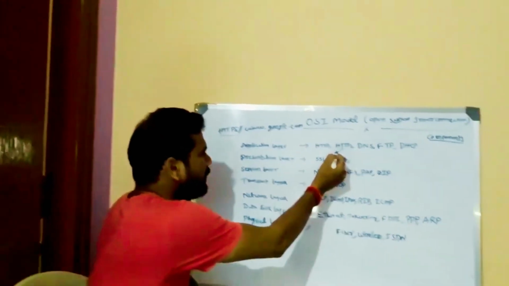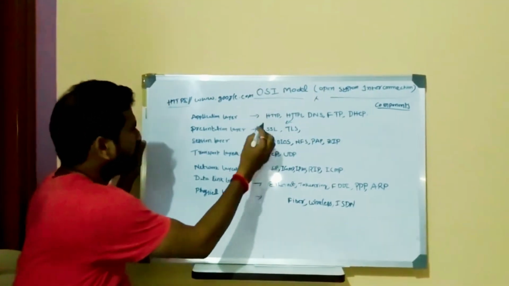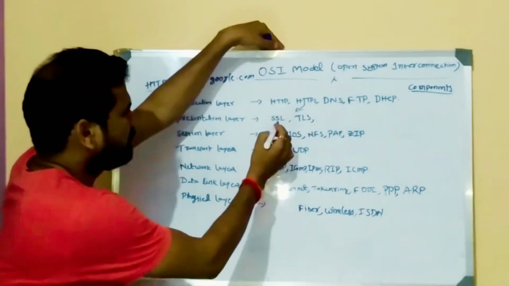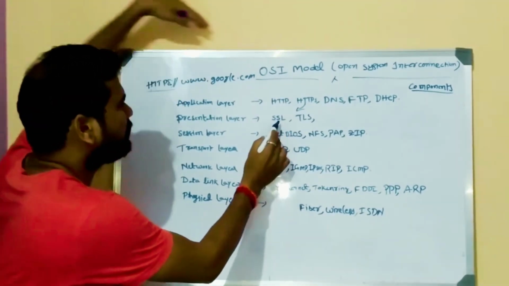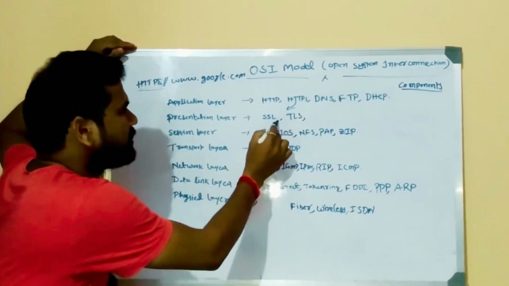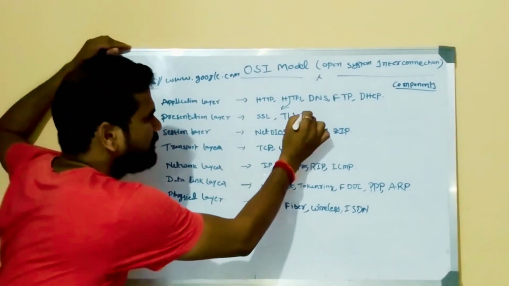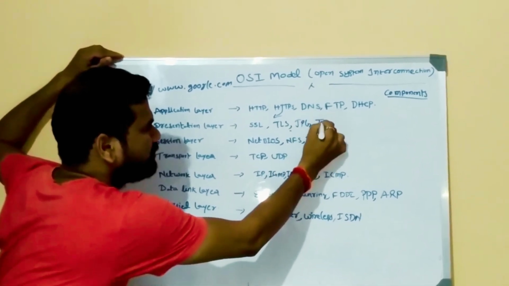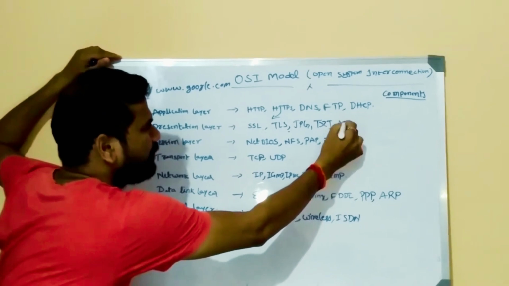Next, the presentation layer. In the presentation layer, these are the protocols we are using: SSL and TLS, JPG format, text (TXT), and videos.